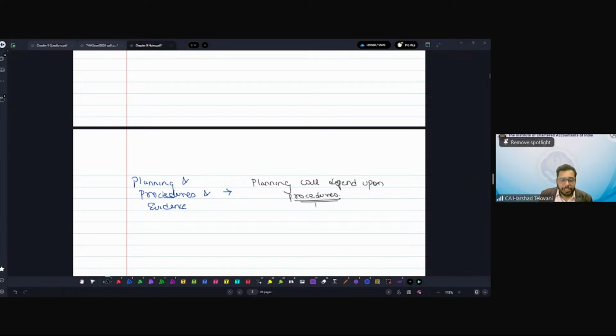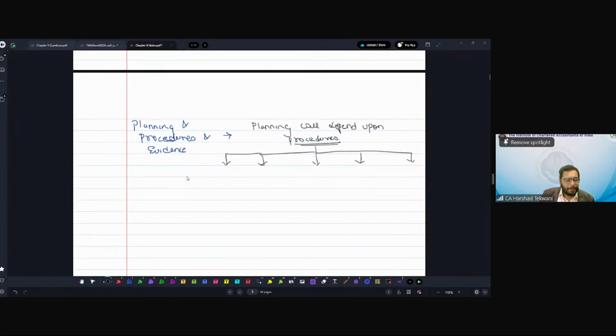See, the procedures can be of a known nature. For example, either I will perform inquiry, either I will perform recomputation, either I will perform observation, either I will perform inspection, or I may perform confirmation.